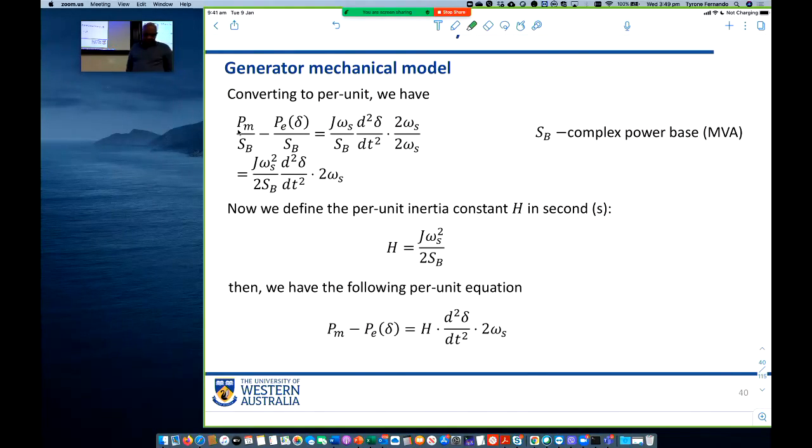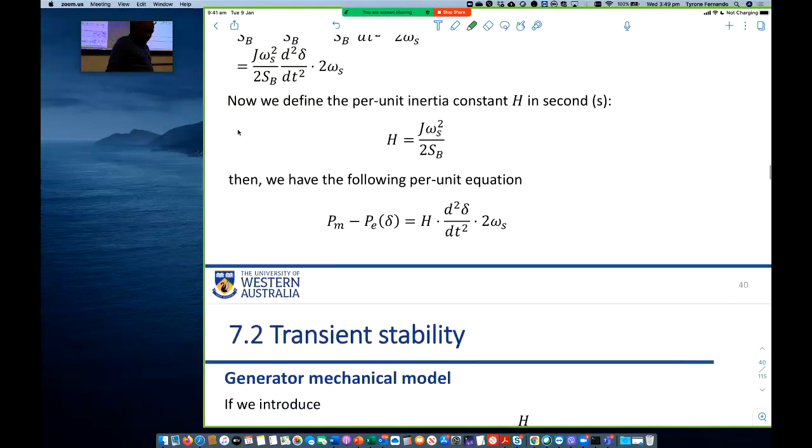Then we can write the swing equation: mechanical power minus the electrical power must equal H times the second derivative of delta, times 2 omega s.